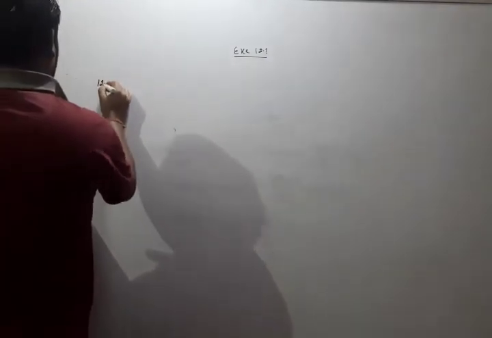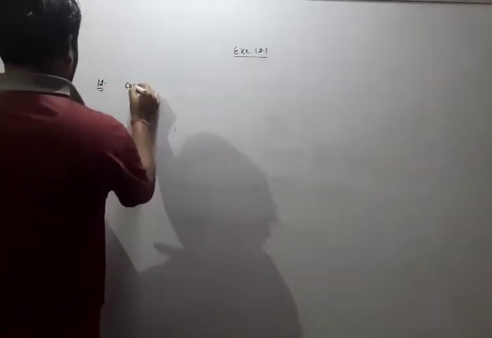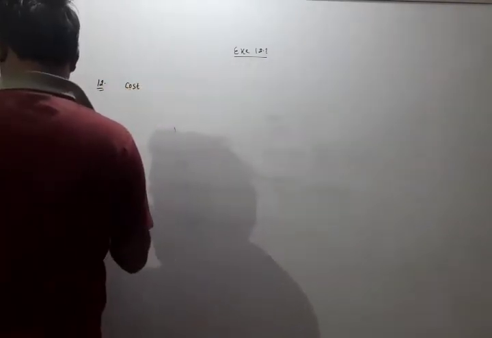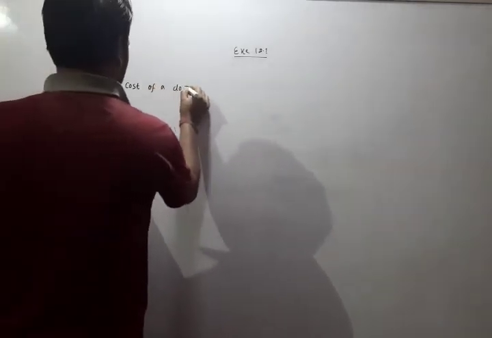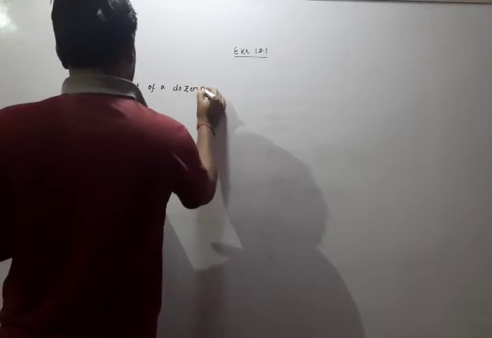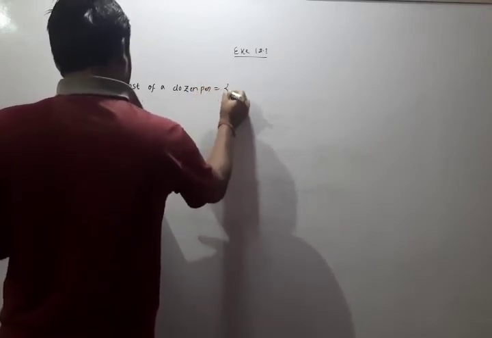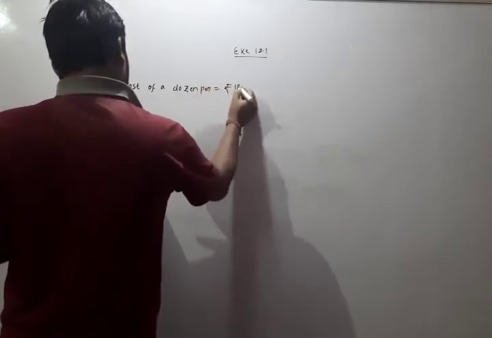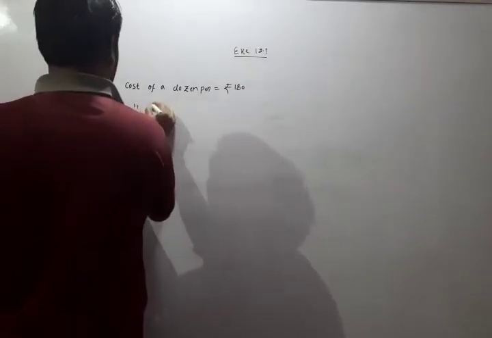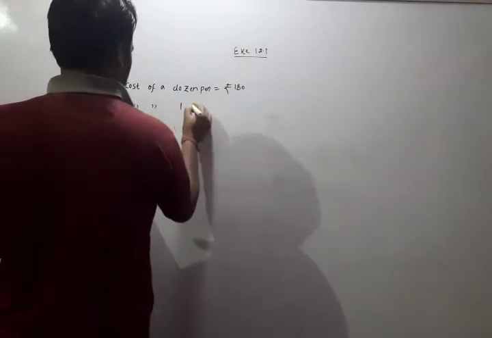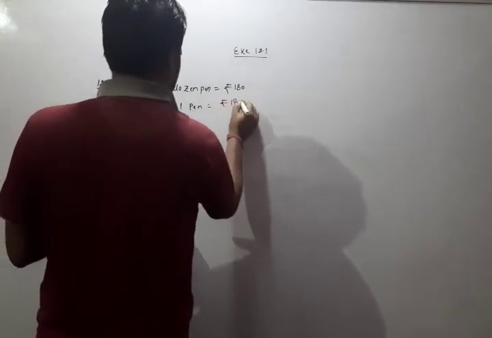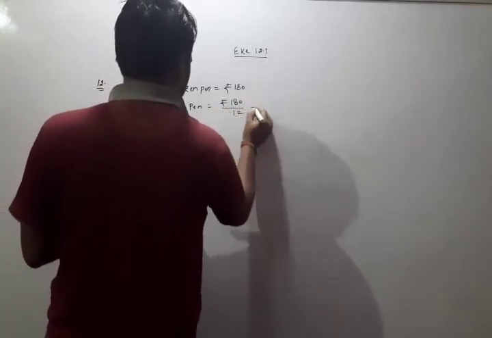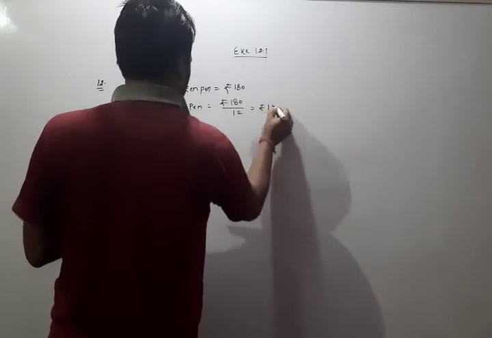Question number 12. Cost of a dozen pens is rupees 180. So cost of one pen will be rupees 180 upon 12, that will be rupees 15.